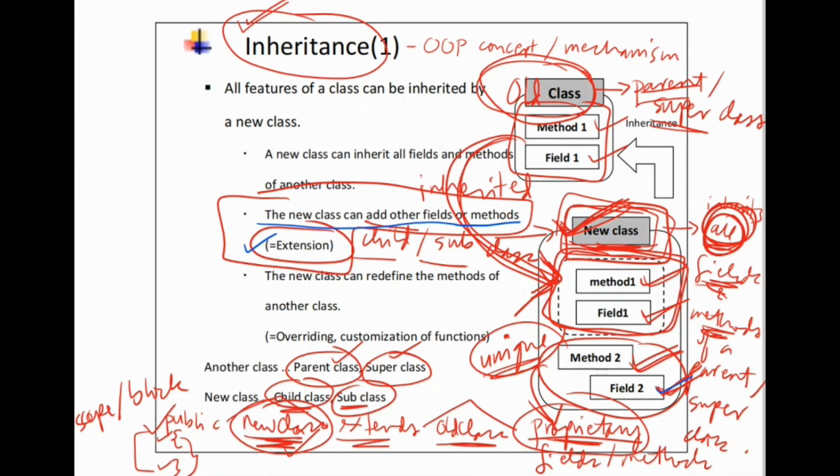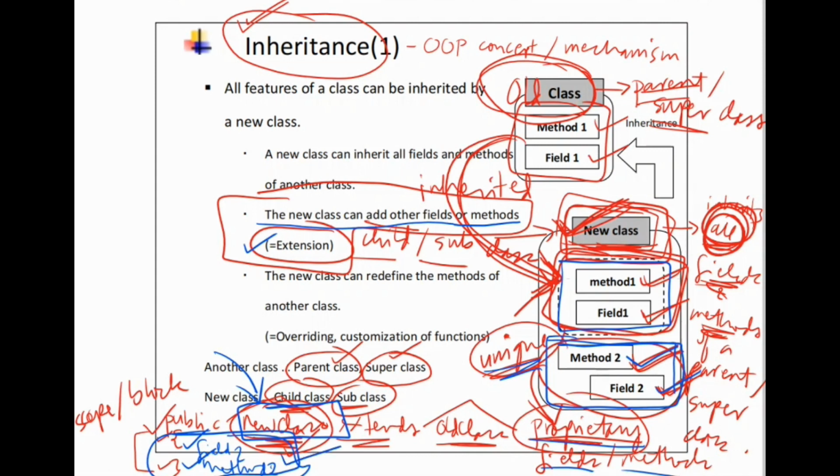So when we have field 2 and method 2 defined in here, those fields and methods which we define in this block are the proprietary or unique fields and methods to that new class or to that child class or subclass. So the new class will now have all the fields and methods from the parent class and all the fields and methods which we define in here.